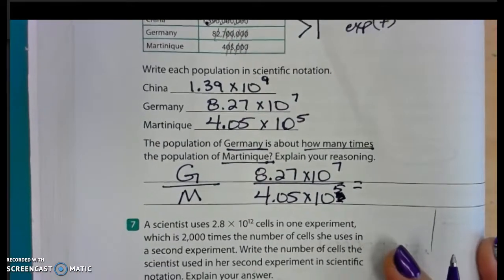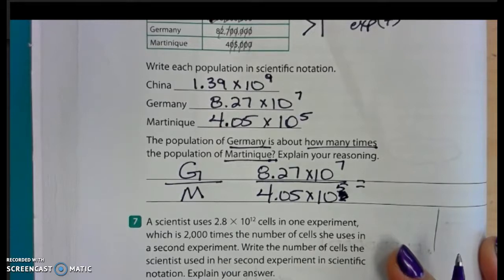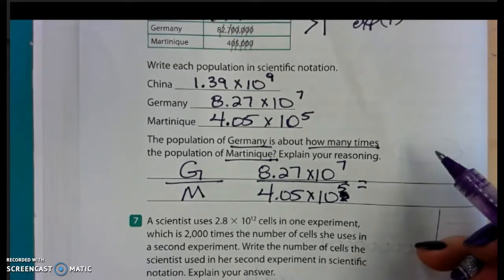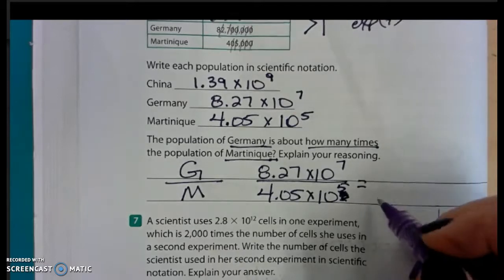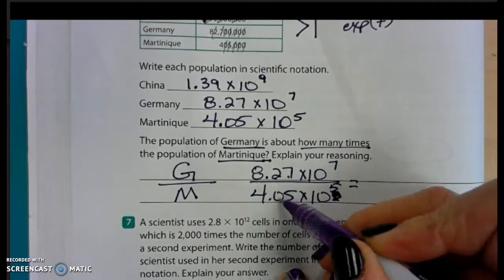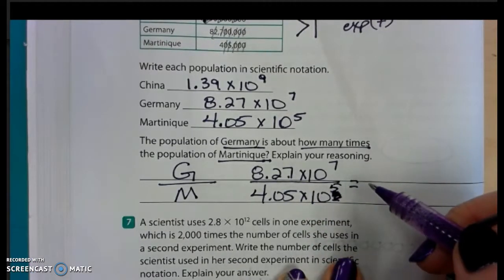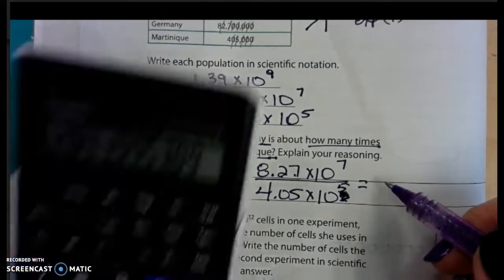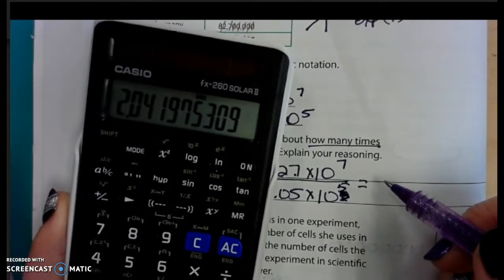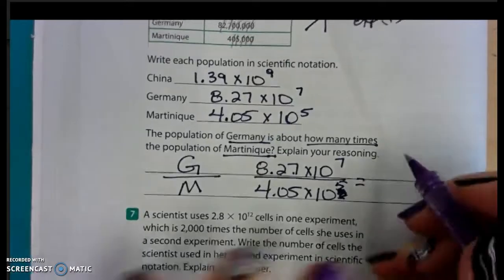Now I'm going to divide my constants, 8.27 divided by 4.05 is 2.04, and then it's this big long irrational number. I'm going to round it. These have 2 decimal places, so I'm going to round my answer to 2 decimal places. Here's my answer. I'm going to round that to 2.04.